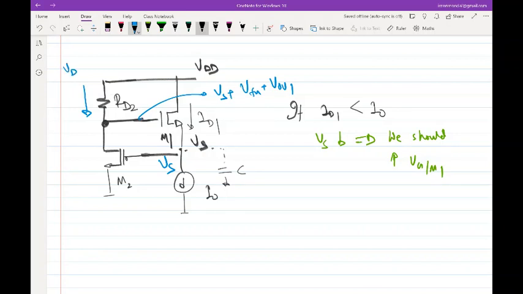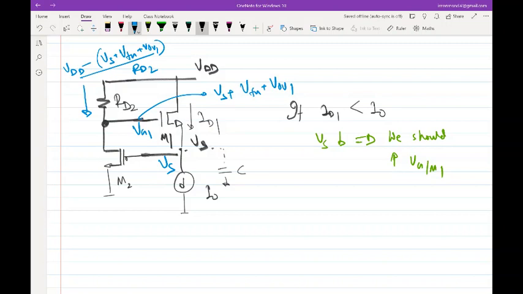VDD minus that. You mean this one? You know the current I0. Since you know the current I0, you know the VGS.